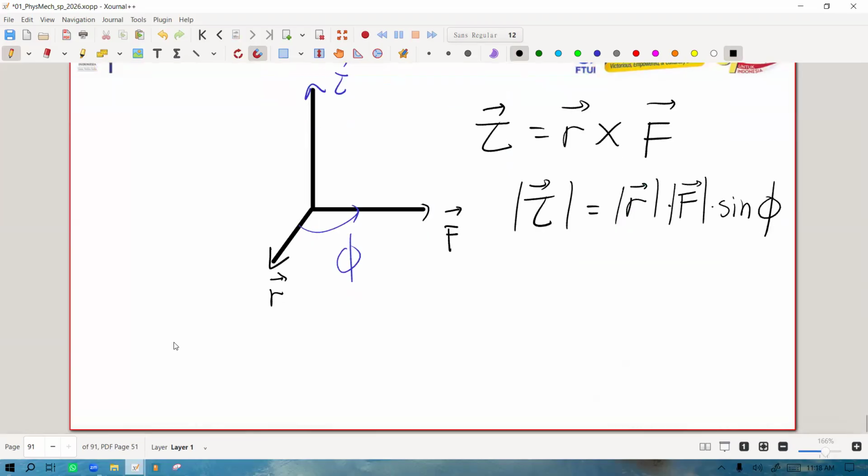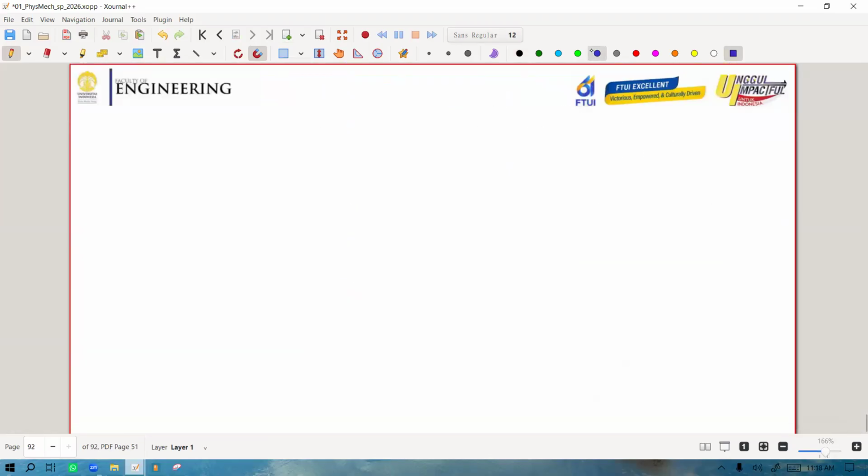So in this case, consider three-dimensional motion, for x, y, and then z. Imagine that there is motion here.